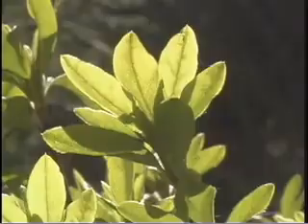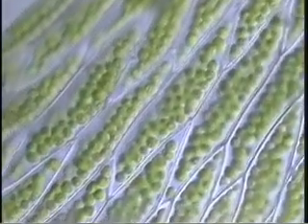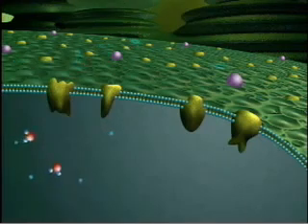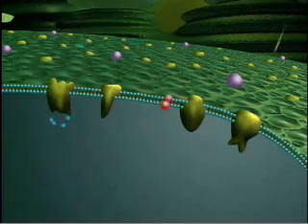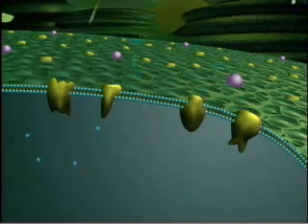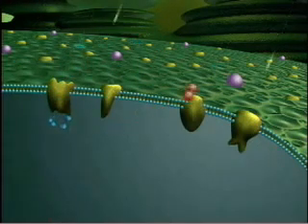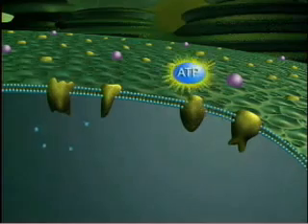When light hits a plant, some of the light energy absorbed by its chloroplasts is used to split water molecules into hydrogen ions and oxygen. The oxygen, a waste product, enters the atmosphere. The hydrogen ions are used in making ATP, the same energy carrier produced by mitochondria.